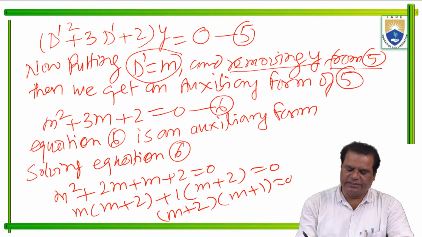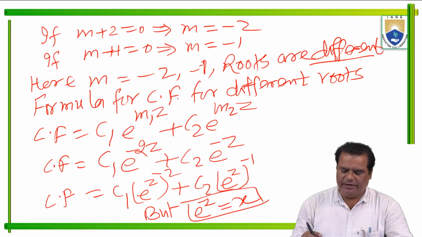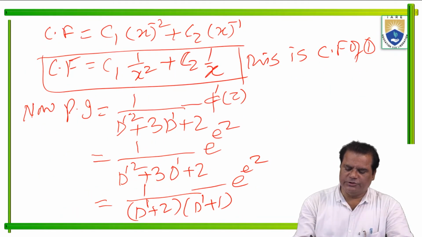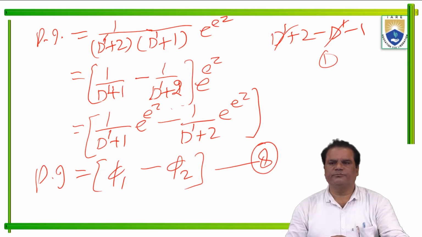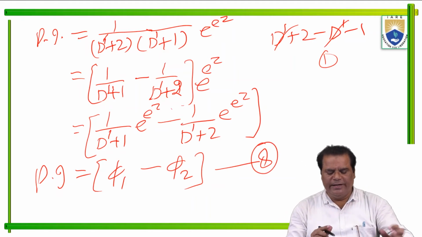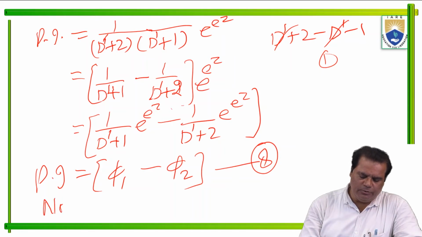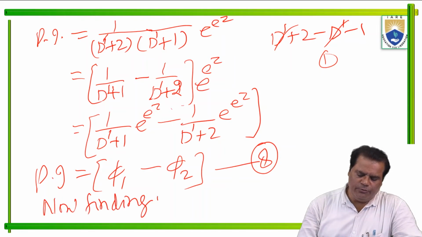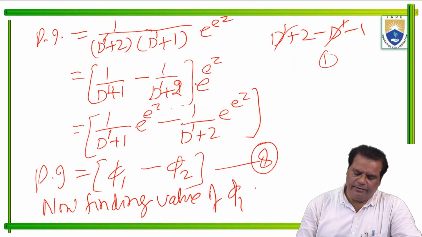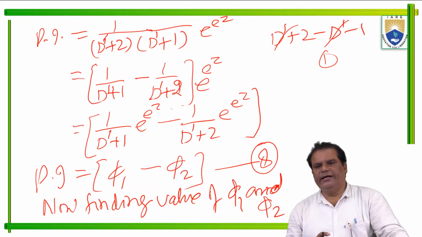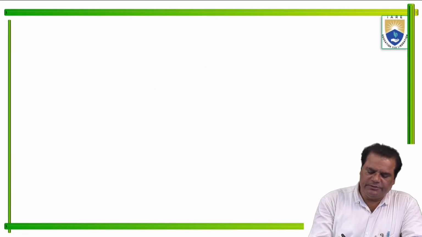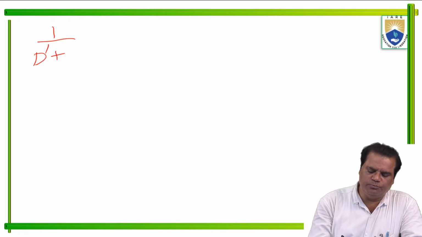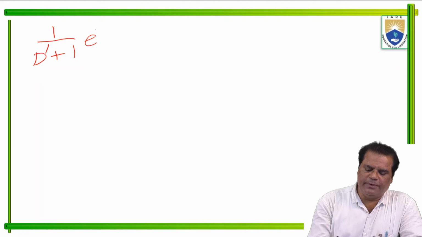Now equation 6, the auxiliary form, factorizing and putting this formula, is equation 7 and this is equation 8. Now for finding the values of phi 1 and phi 2 and putting them in, we get the complete PI. So what is phi 1? Phi 1 is 1 upon D dash plus 1 e to the power z.